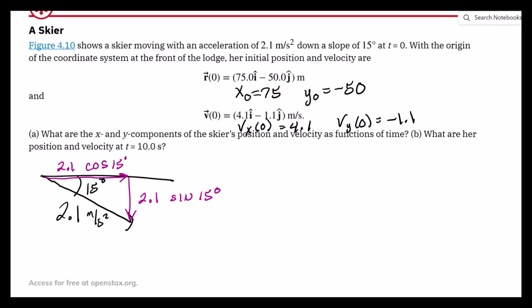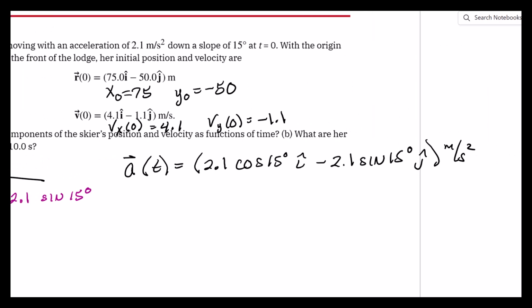So if I was going to write a vector describing the acceleration, it's going to be 2.1 cosine 15 degrees i hat, and then minus 2.1 sine 15 degrees j hat meters per second squared.